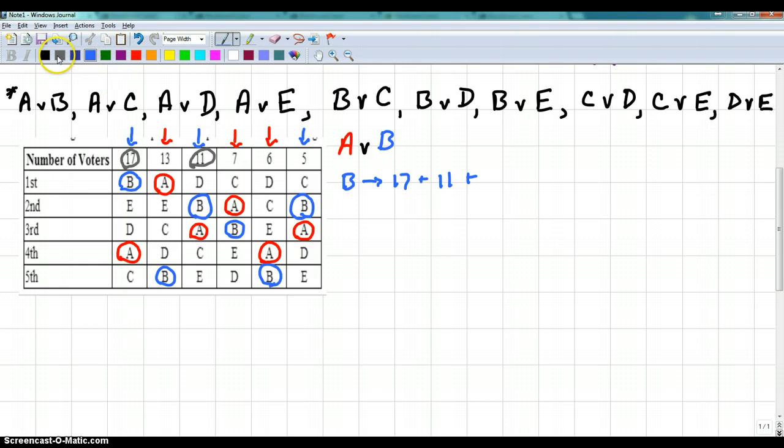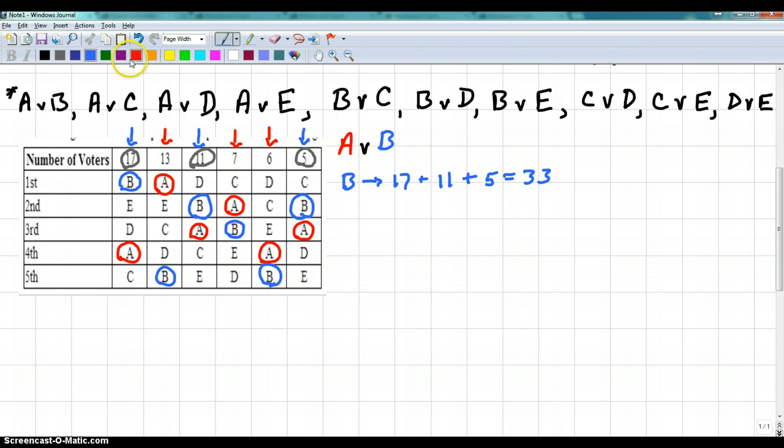And then in the final column, there were 5 votes that went for B. This is the number of votes over the other candidate, so we assign those to that candidate, which means that candidate B actually has 33 votes in this particular setup.